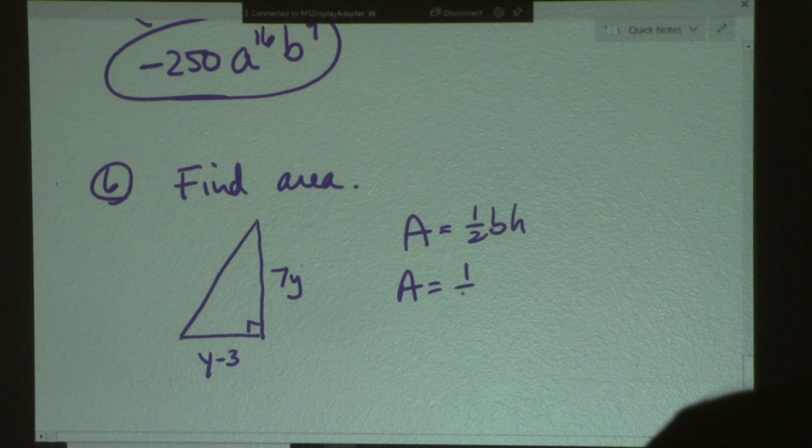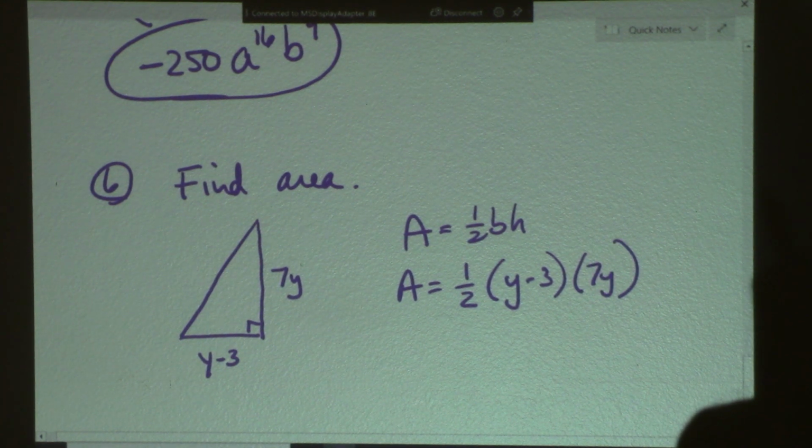So then I have 1/2, what's the base? It's the whole thing, y minus 3. And what's the height? 7y. Okay? So the first thing I'm going to do is save the 1/2 till later, and I'm going to multiply 7y times each of these terms.